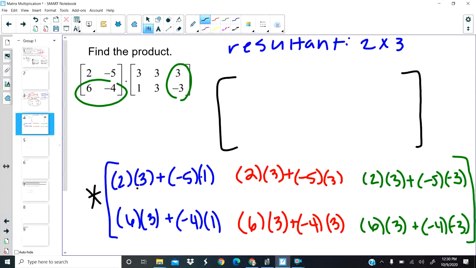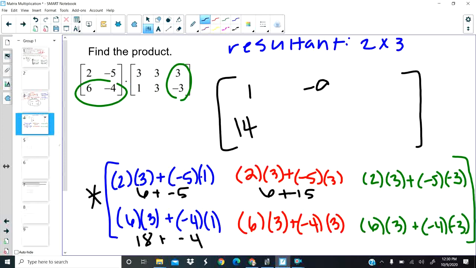So 2 times 3 is 6, and then plus negative 5. And that should just give me 1. 6 times 3 is going to be 18 plus negative 4. So that's going to give me 14 in row 2, column 1. And then 2 times 3 is going to be 6 plus negative 15 for negative 5 times 3.